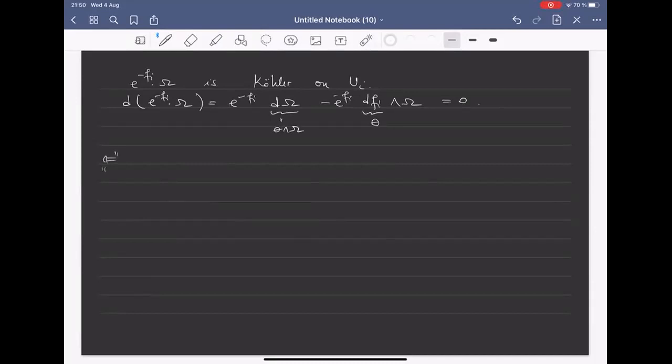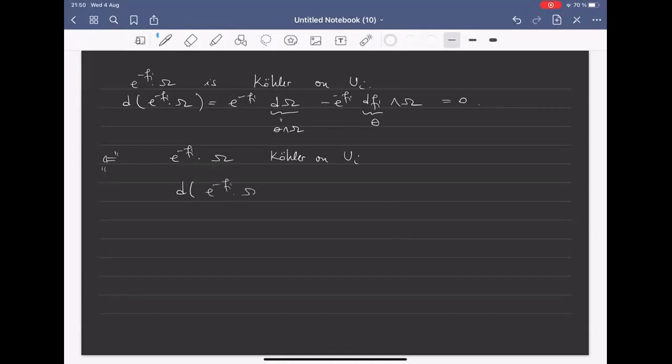The other way around, if we know that such a covering exists, we have to recover the fact that d omega equals theta wedge omega. So now we know that the exponential of minus f_i times omega is Kähler on each open set U_i.